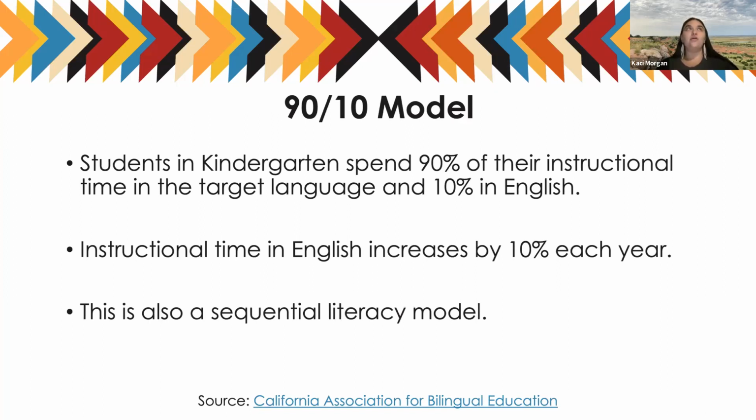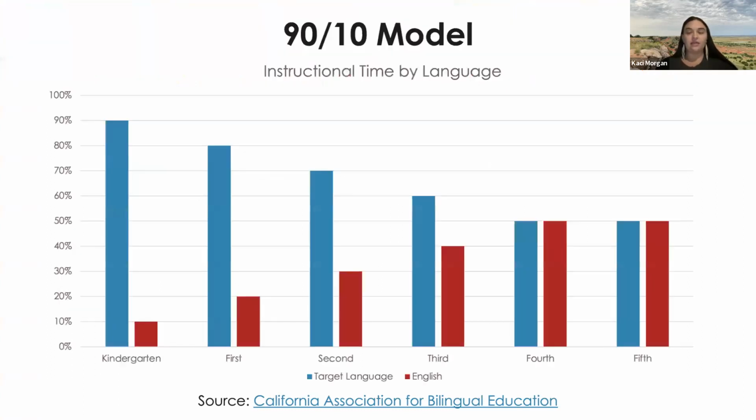This type of structure also develops student literacy sequentially. Not quite as much as that first example we saw, but it always has some English instruction, and is more heavily immersion in the first few years. We'll see an image of what that would look like on the next slide.